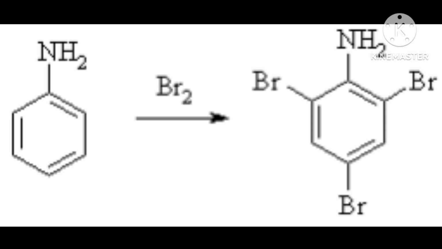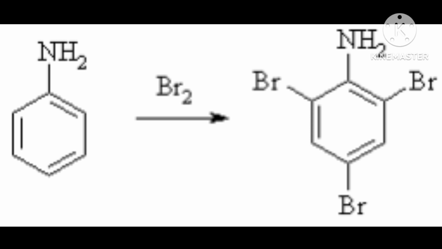From where the hydrogen has gone as H plus, the carbon will become negative, and at that carbon Br will join. Correct? In the same way, the para position also, and again the other ortho position, the 6th carbon, there also the same thing will happen.